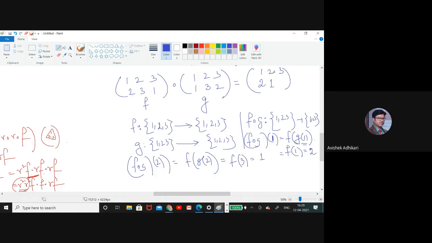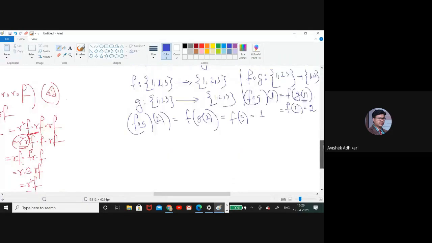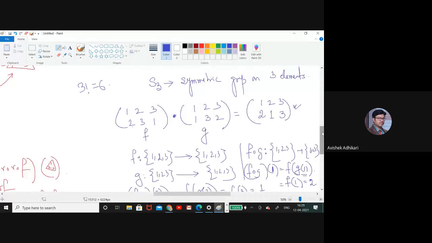Then the remaining one goes to 3. So you can see that again this is a permutation. Composition of 2 elements is again a permutation on 3 elements. Is this composition clear? Is the operation clear to all of you? Any question, comments?